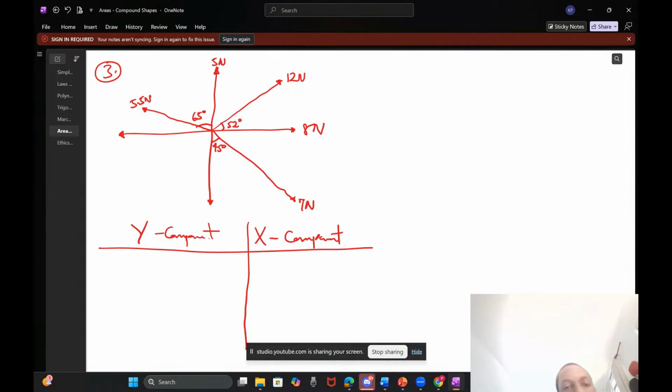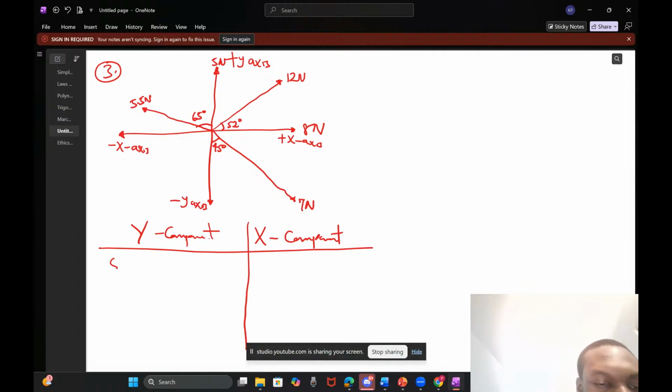Okay, so we know that this is 5 Newton, and 5 Newton is just a straight line. It makes no angle with the x-axis. We know that this is positive y-axis. This is negative y-axis. This is negative x-axis. This is positive x-axis. And I said that whenever a force is facing up and it makes no angle with the x-axis, then the angle will be 0 degrees because it's a parallel force.